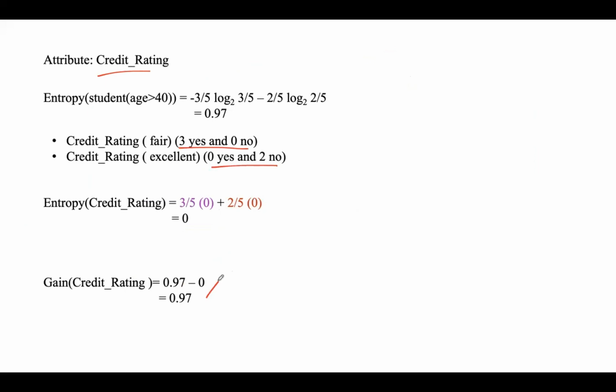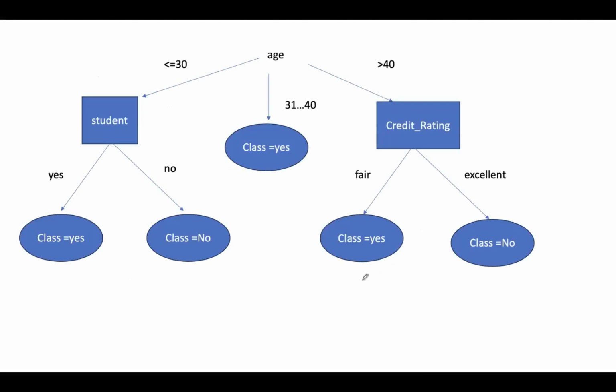Now we need to compare information gain for all 3 attributes. These are the values. Here for credit rating, we have the higher value. So expand the tree like this.